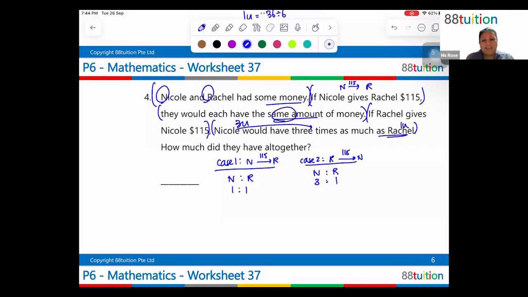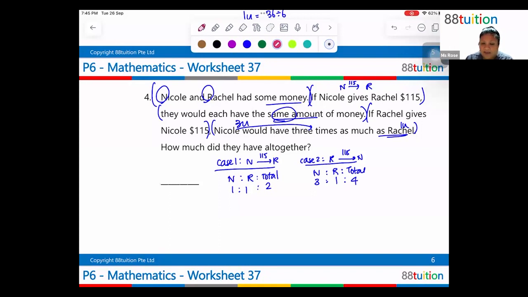So within them, they gave each other in each of the cases. So with this, we know that it is an internal transfer. So with internal transfer, that means the total between the two of them must remain unchanged. So we have the total being 2 for case 1 and 4 for case 2.